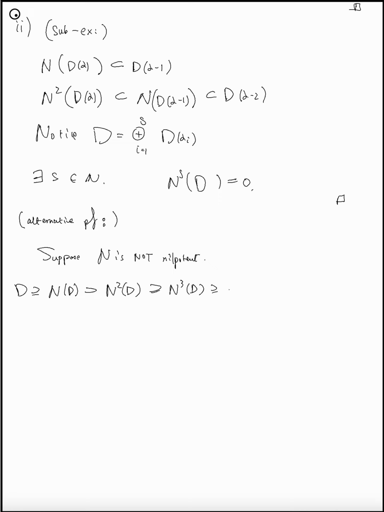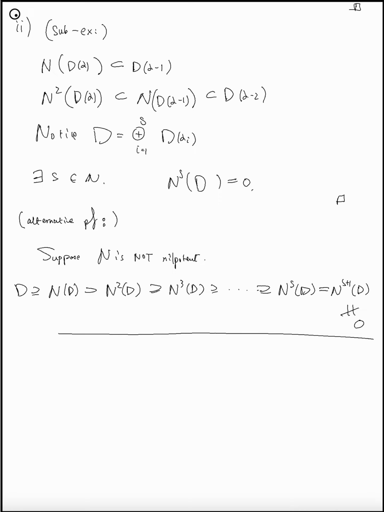All those are subvector spaces, right? And it's decreasing. If it's not 0, then it must stabilize at some step, non-zero. Otherwise, it's already nilpotent.